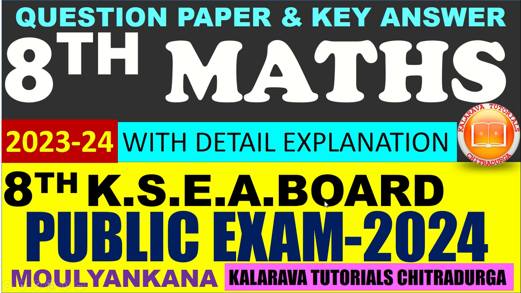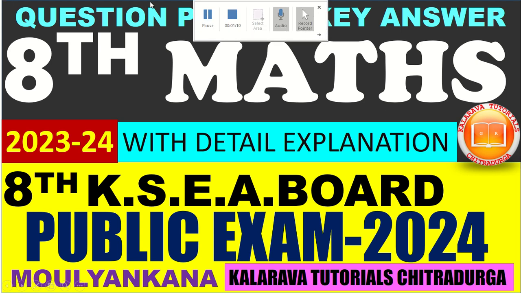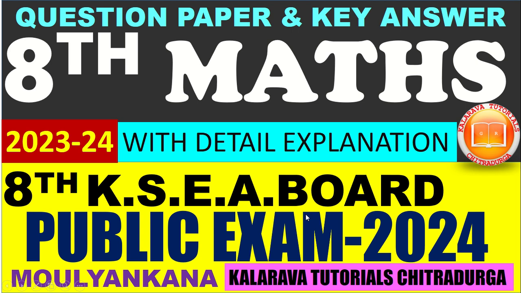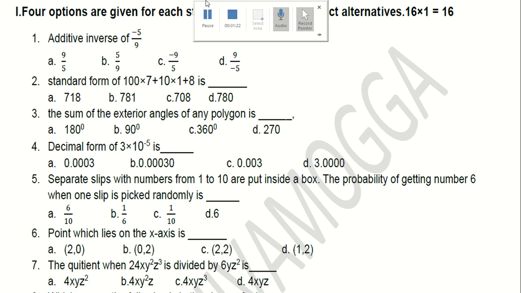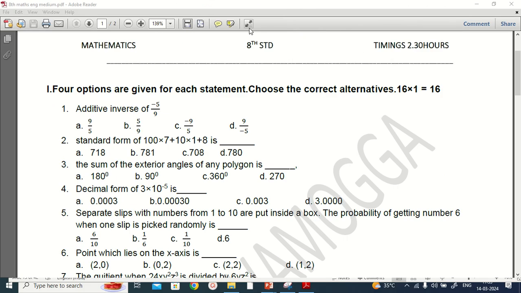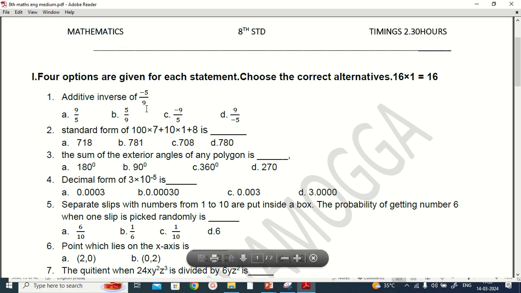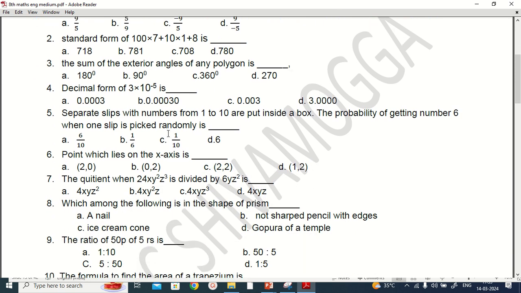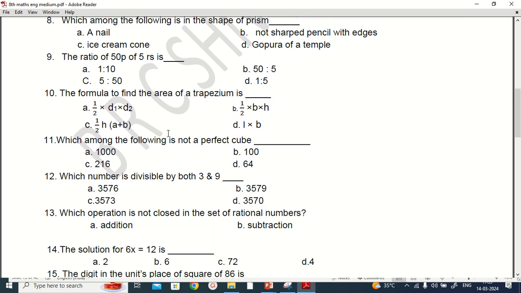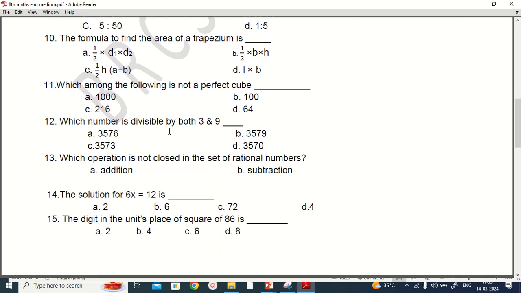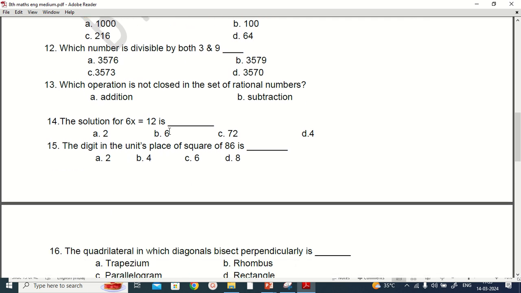Okay, students, now we are moving to the new question paper. Before going into it, I will show you the complete question paper. This is the model question paper. It carries 16 one-mark questions. Observe these questions. All these 16 questions carry 1 mark.